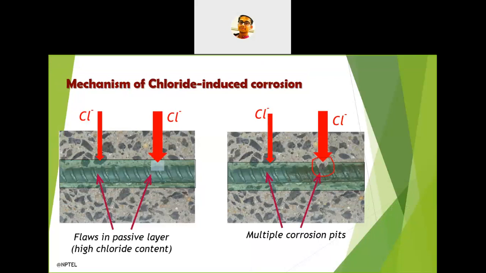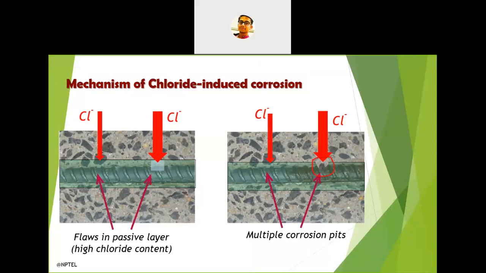If you talk about a mass concrete system, it is not possible to get a uniform chloride content everywhere. So I have given two arrows, one somewhat thinner and one somewhat thicker. Where the ingress of chloride is more, or where the concentration of chloride is more, you will find a pitting type of corrosion.